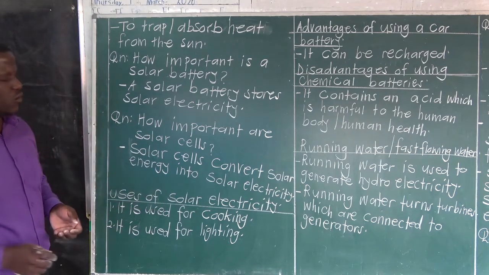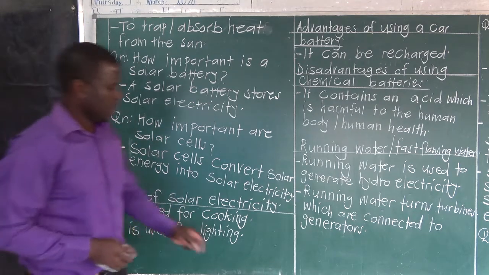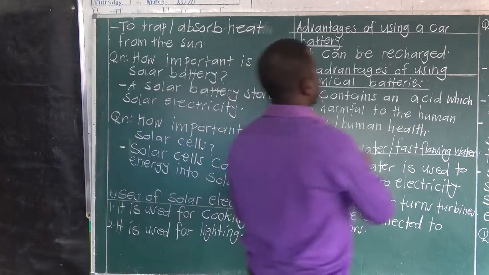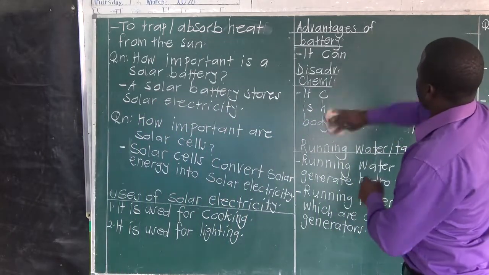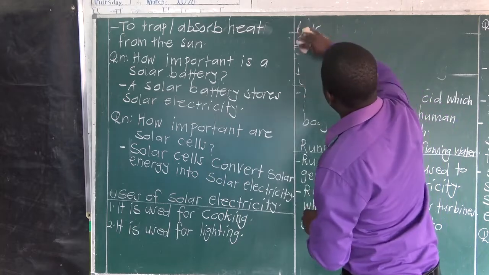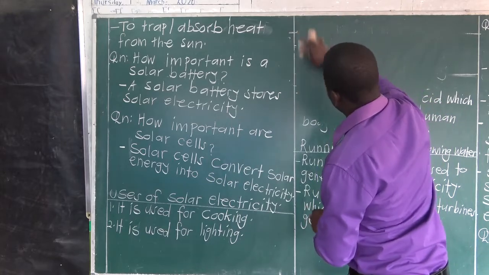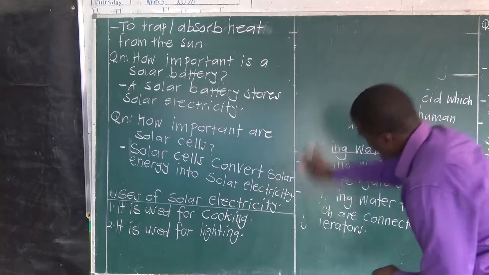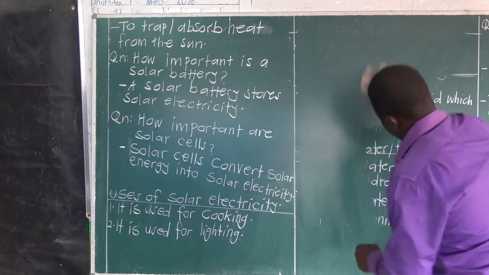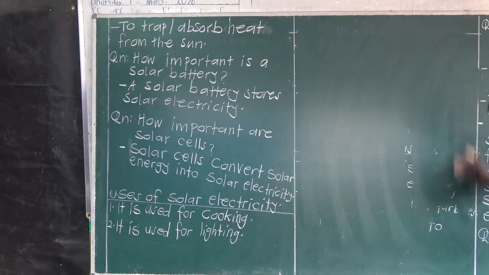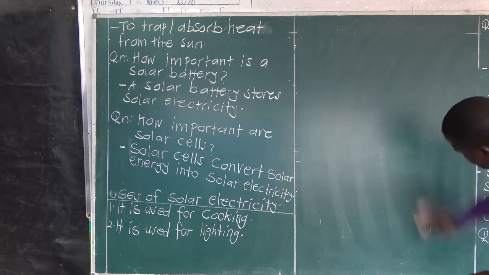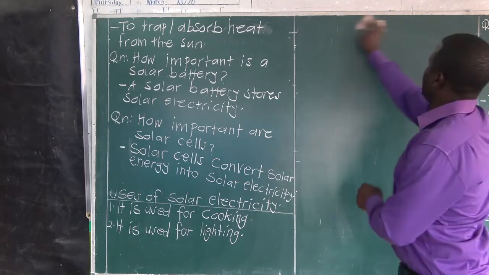And this one helps to conserve the environment. They can even ask you, how does the use of solar electricity conserve the environment? So you simply say people use solar electricity for cooking instead of cutting down trees for wood fuel.